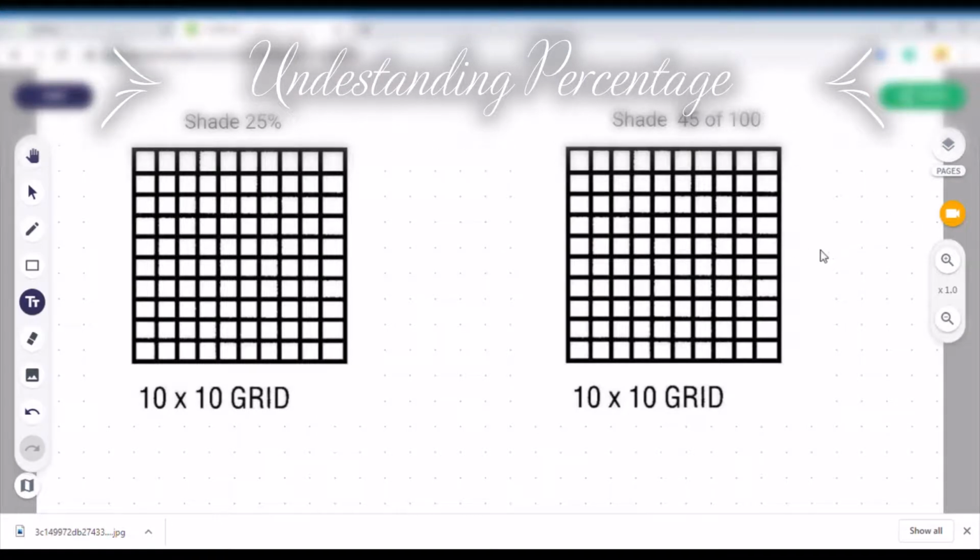Hi, at this time we are going to shade the grid as indicated. Let's do the first example. It says shade 25%.